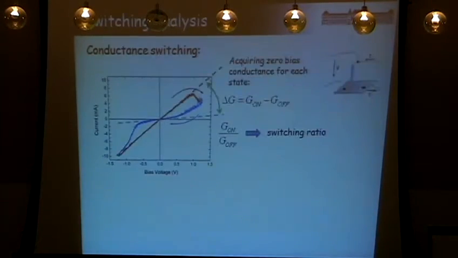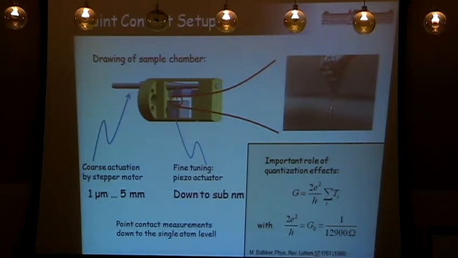So let's go to this formula, shall we? Here we have this formula, and this contains the sum of transmission values over i, the number of the transmission values. And for silver, and in fact all of the noble metals, it turns out that we have one single channel carrying the conductance almost completely.